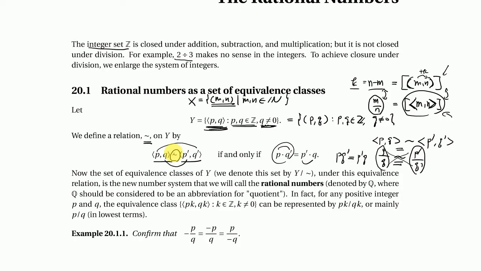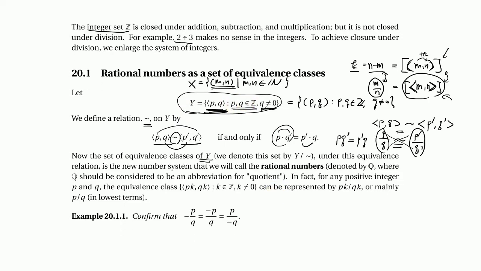So I think it's a very natural way. So we could take a partition of this entire set, the collection of ordered pairs of integers, into equivalence classes, with the same notation as before, right? Y modulo that relation. Then this collection of equivalence classes is called the rational numbers. So that means each of these notations, technically with the bracket around it, is one single rational number.